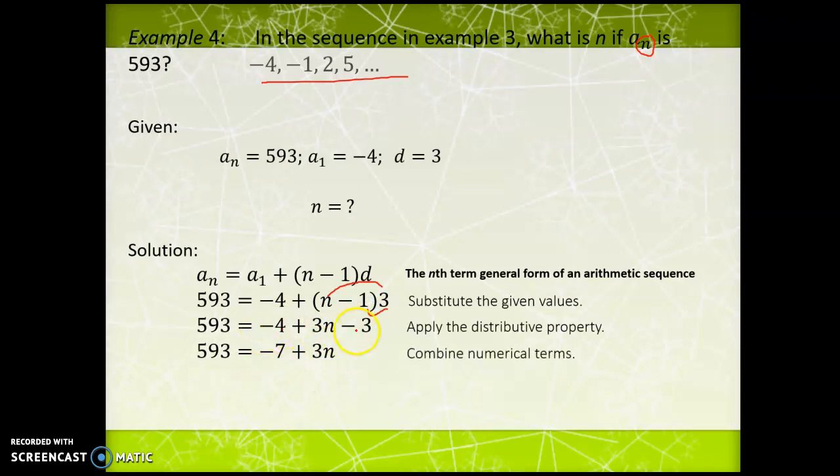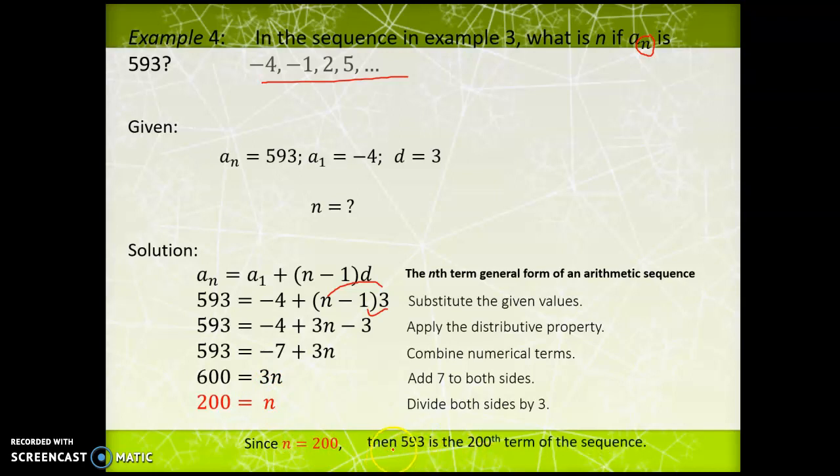So -4 minus 3, you get -7. And you add 7 to both sides, you'll have 593 plus 7, you'll have 600. And then divide both sides by 3, you'll get 200 equal to n. Okay, so since n is equal to 200, therefore 593 is the 200th term of the sequence.